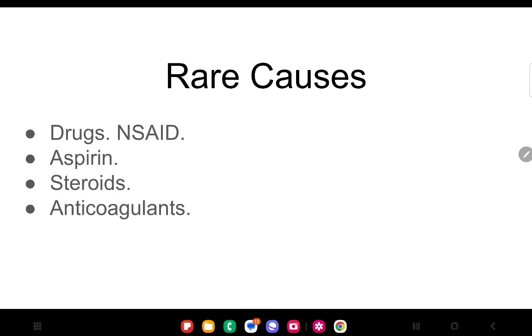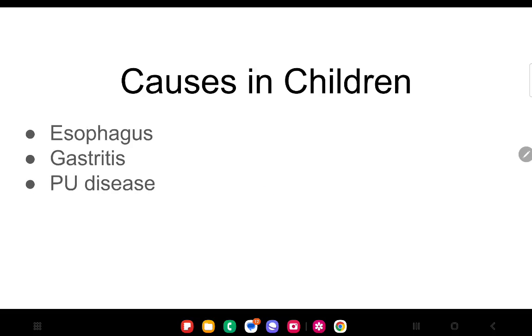Aspirin is also a blood-thinning drug, and it can cause bleeding, because some chronic patients who are on aspirin daily can have severe, excessive bleeding. Steroids cause weakening of the blood vessels, and can cause bleeding also. Patients on anticoagulation like warfarin are also at risk of upper GIT bleeding.